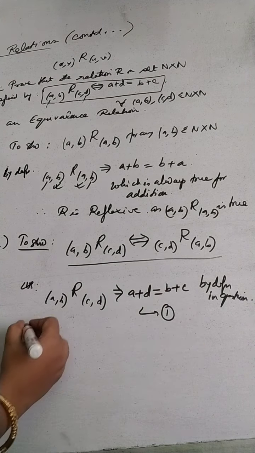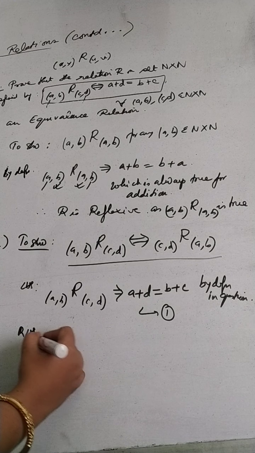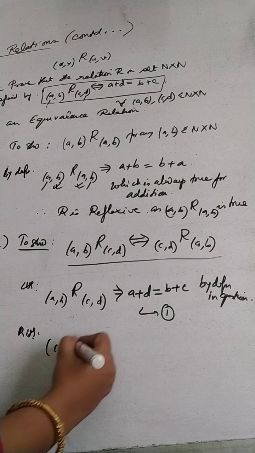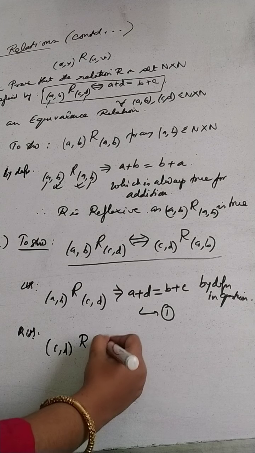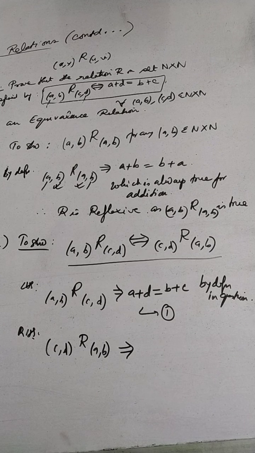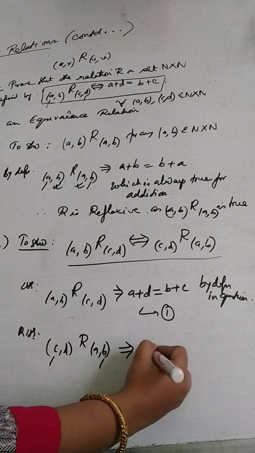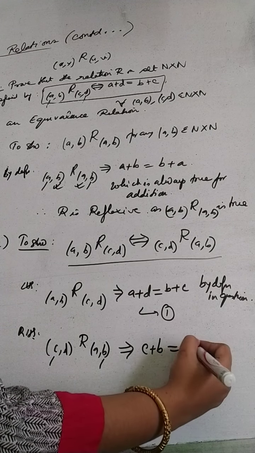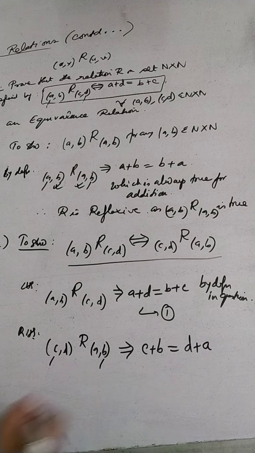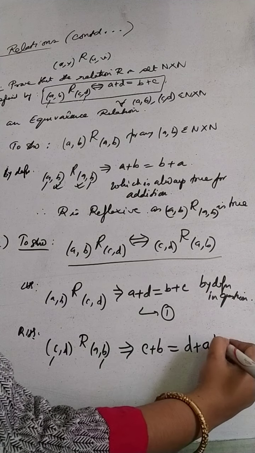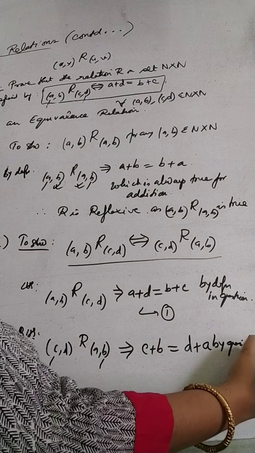Now let us check the right hand side. CD, if it is related to AB, then what should it satisfy? It should satisfy the property that, first component with this, that is, C plus B should be equal to the remaining, D plus A. So this is again by given definition.